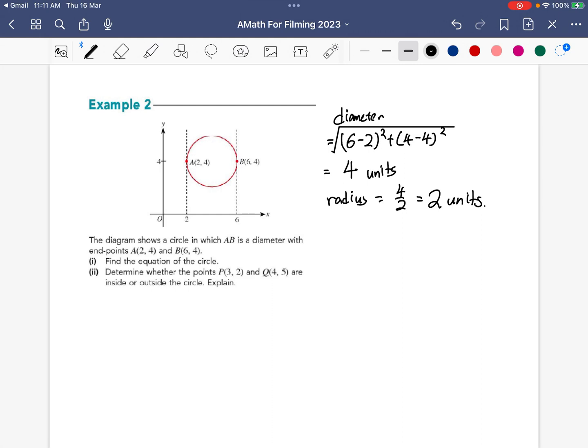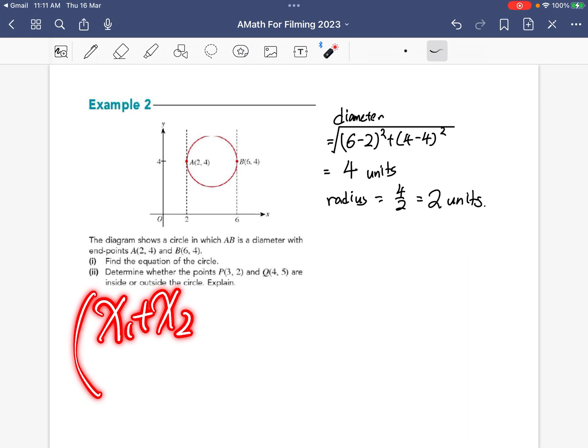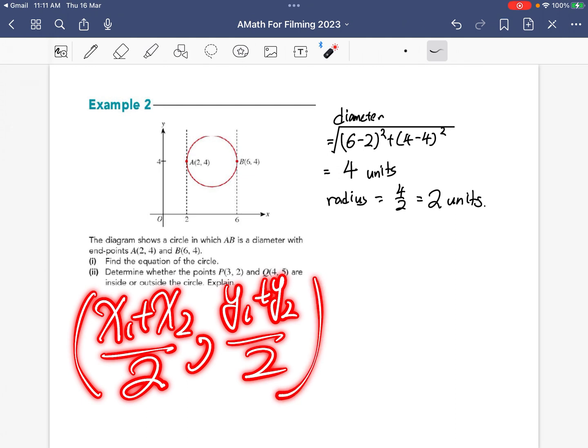My radius is 2 units. Now, next thing, what is so special about a diameter is that at the midpoint of every diameter, you will find the center of the circle. So from here to here, if I find the midpoint M, this is equal to the center of the circle. If you remember the way to find the midpoint, it is (x1 plus x2) divided by 2, (y1 plus y2) divided by 2.